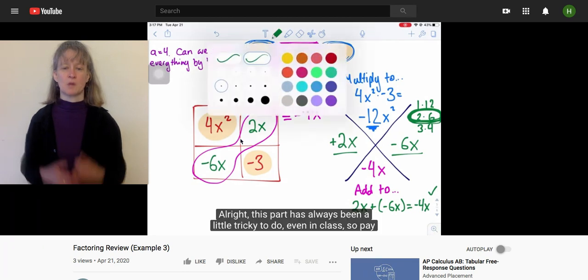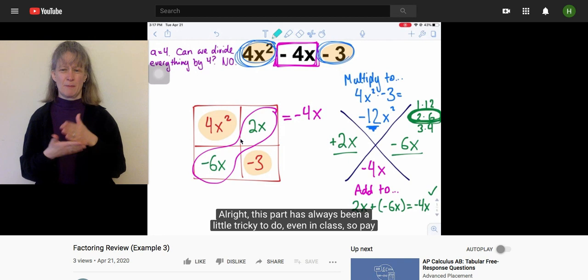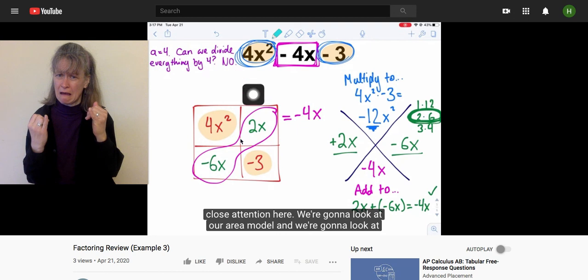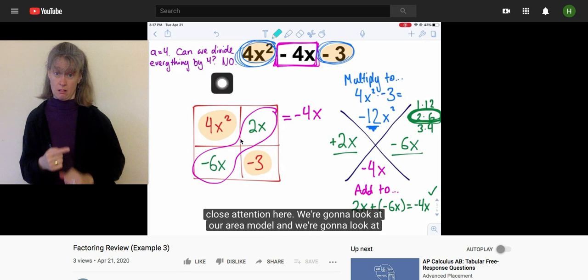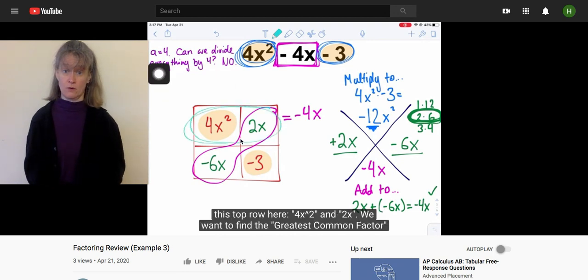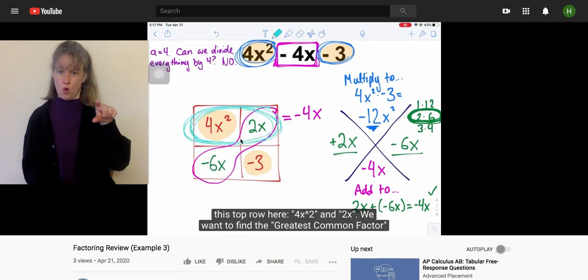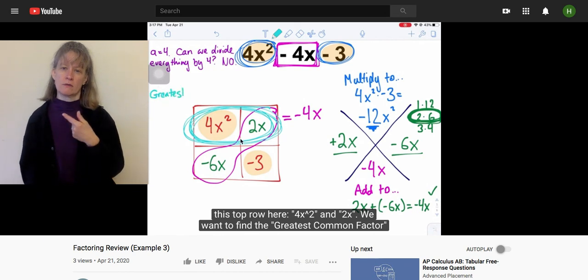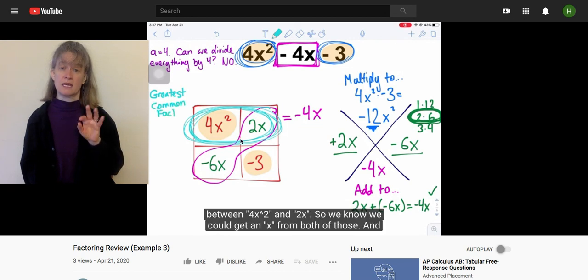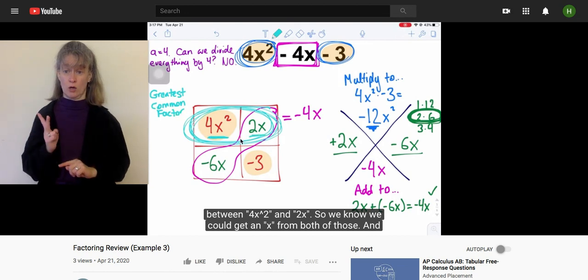All right, this part has always been a little tricky to do, even in class, so pay close attention here. We're going to look at our area model, and we're going to look at this top row here, 4x squared and 2x. We want to find the greatest common factor between 4x squared and 2x.